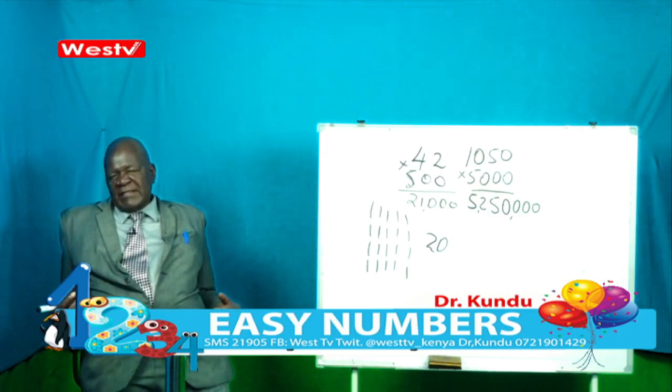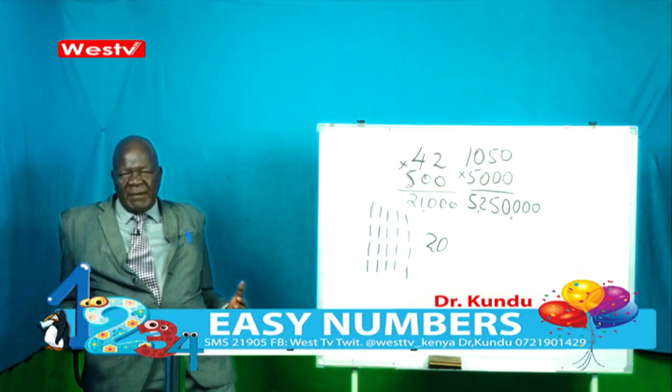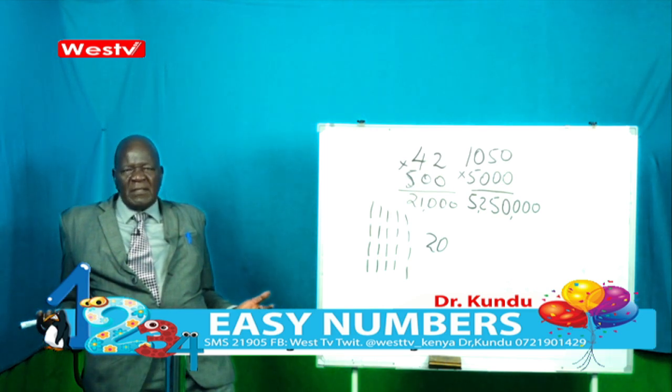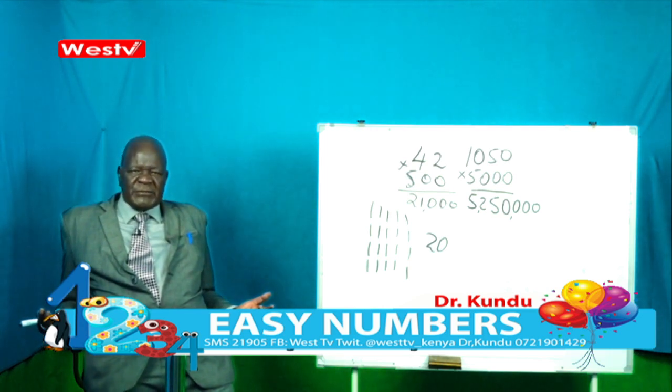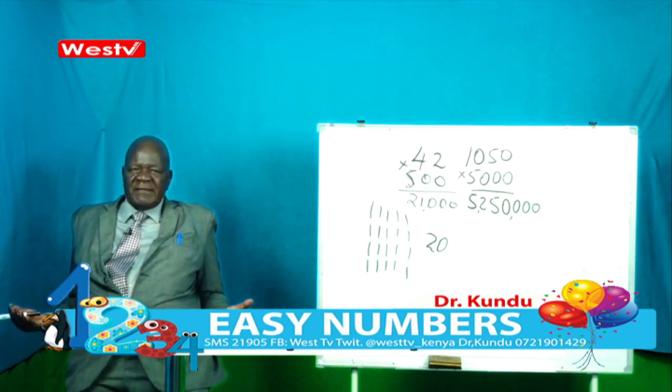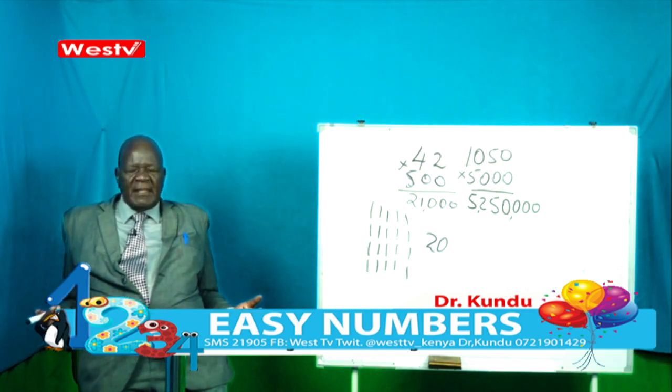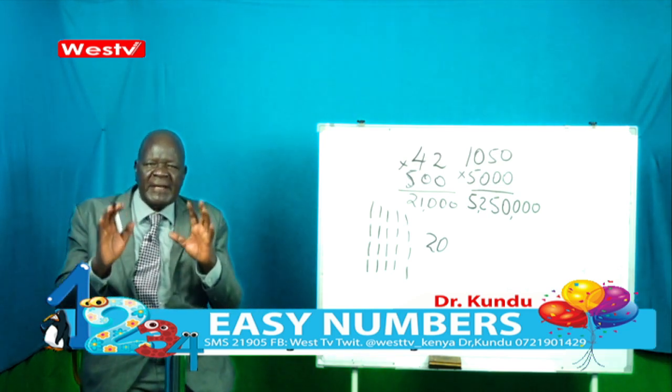And then I look at the 5,000, the number I'm using to multiply. It has 4 digits. So I add 4 zeros on 32. And that then gives me 320,000.